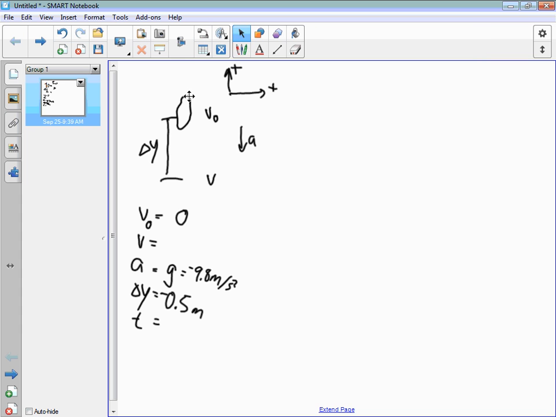Let's go ahead and solve for the final velocity first. So that means I'm looking for the final velocity and I don't care about time. If I don't care about time, which equation is that going to be?